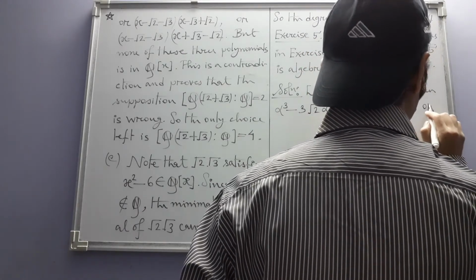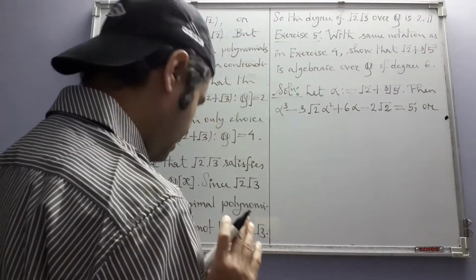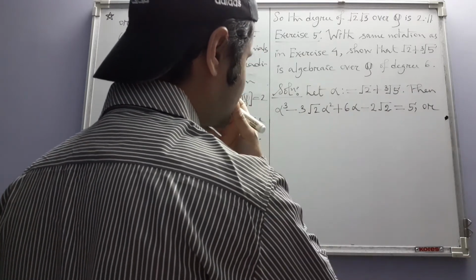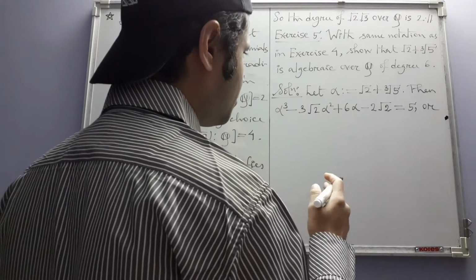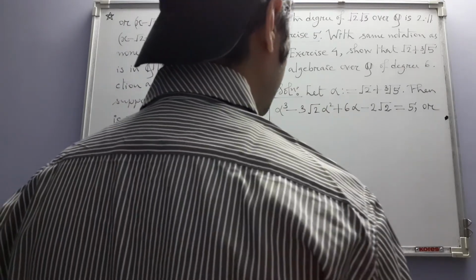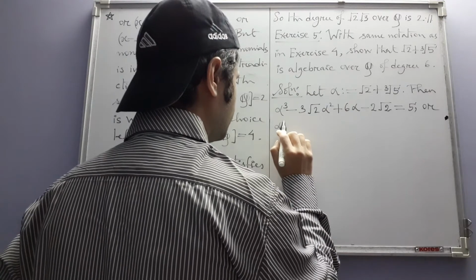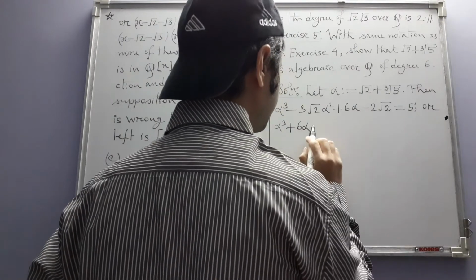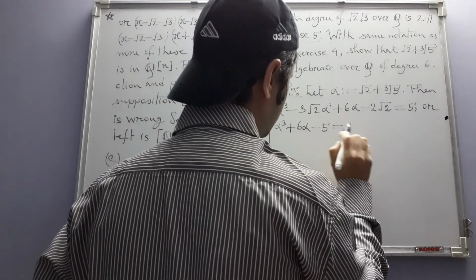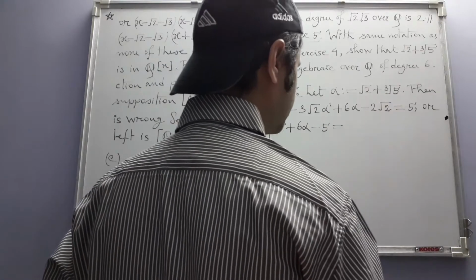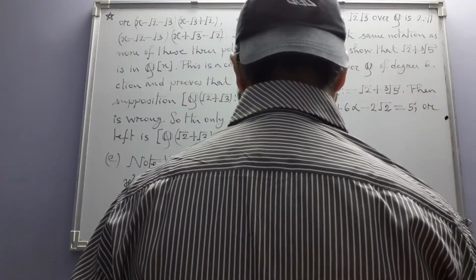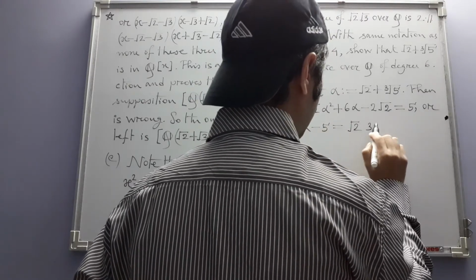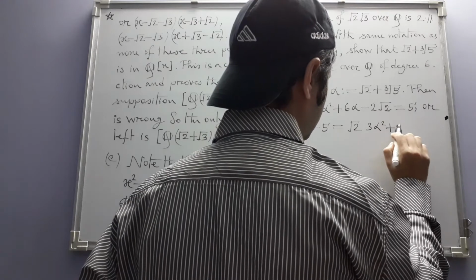So what is the next thing? The next thing is to take the terms involving root 2 on one side. Okay, so alpha cube plus 6 alpha minus 5 is equal to, if we take all the things on that side and also take square root of 2 common out, then we have 3 alpha square plus 2.